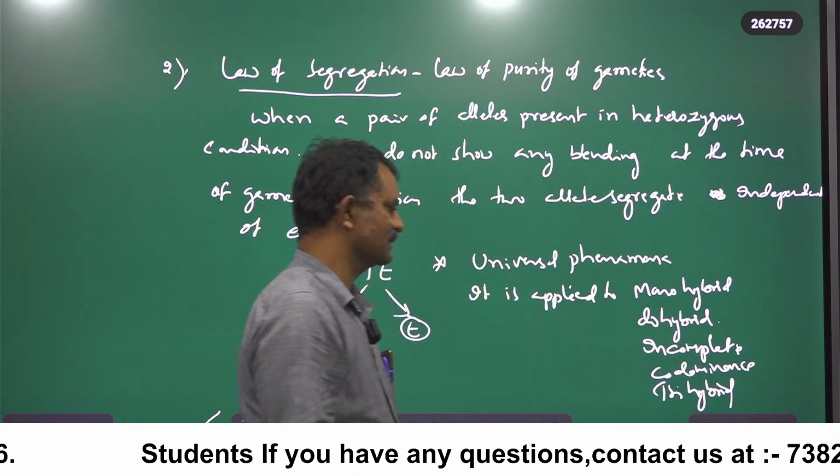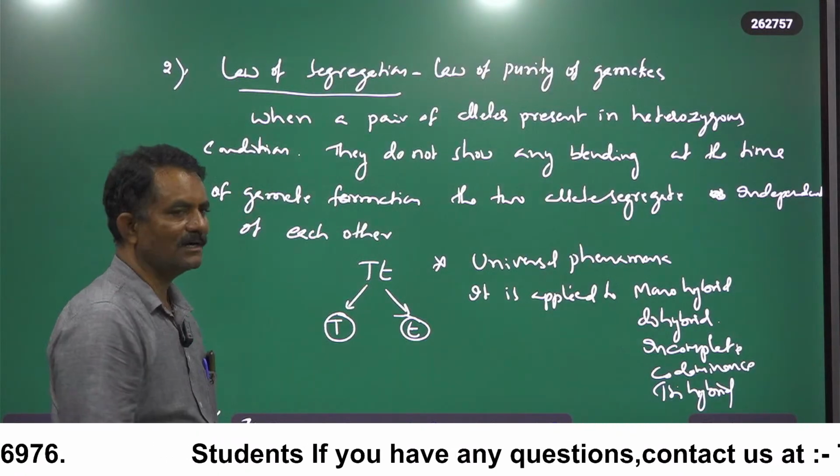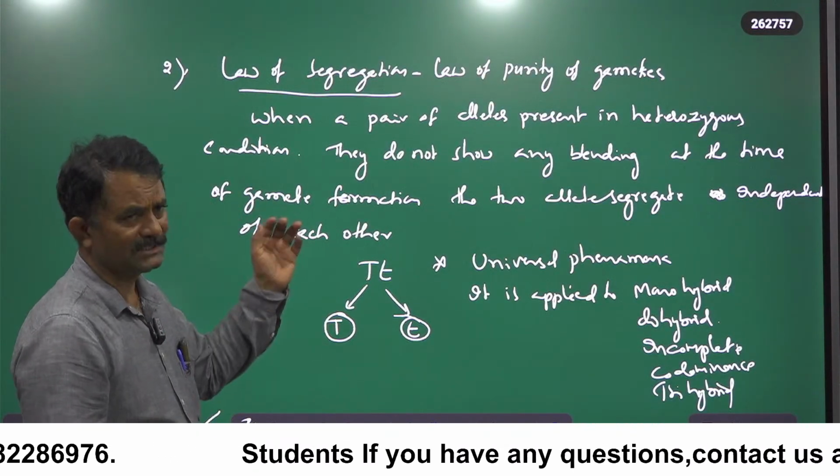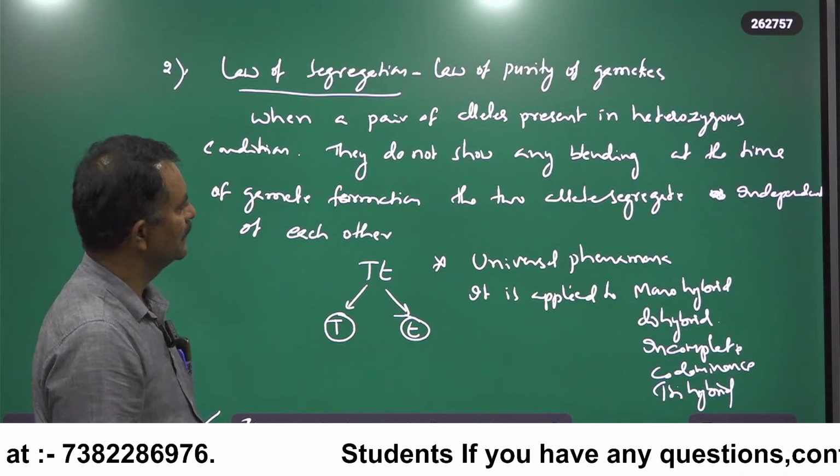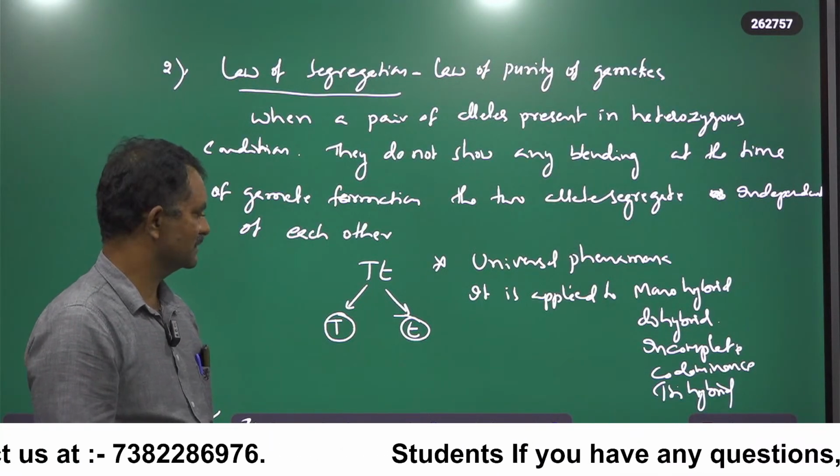So every cross follows the law of segregation. So that is why law of segregation is a universal phenomenon. It is also called purity of gametes.